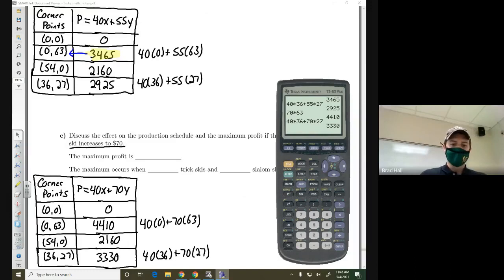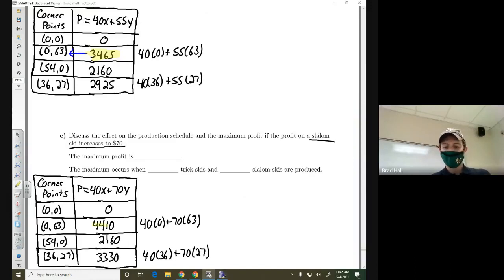And we see that we get a new maximum value, but the same ordered pair. $4,410, 0, and 63. And we are done with example 5.